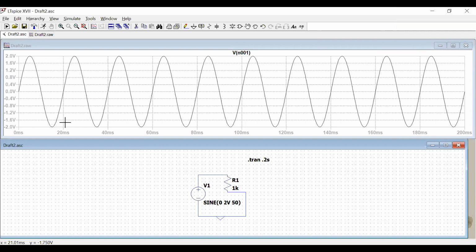That's why I'm saying that the formula they are using in 5.1 is a little bit different than the formula that we were using for RMS voltage. We were just using peak voltage, that is 2 volts.